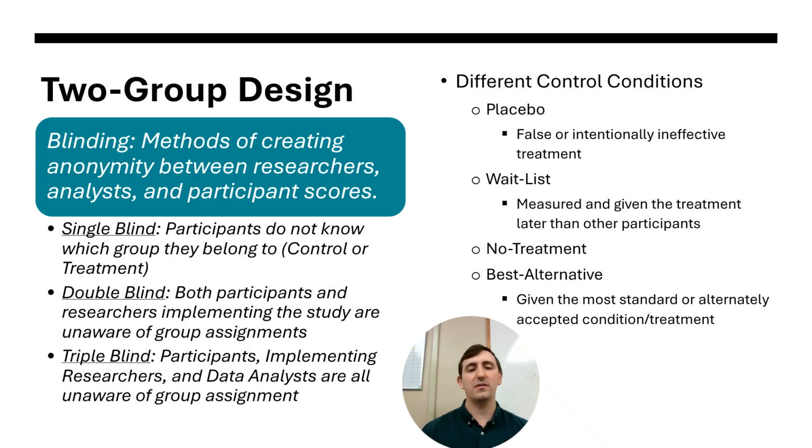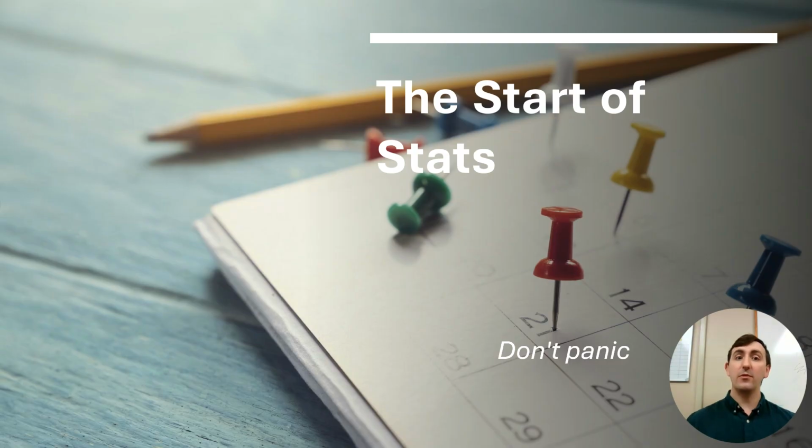And you can apply a lot of these blinding and control conditions to not just two-group design, but to other designs as well. Now that we've talked about some of the basics of two-group design, we can also get into the start of some statistical analysis. Don't worry, we're not getting into a statistical course.